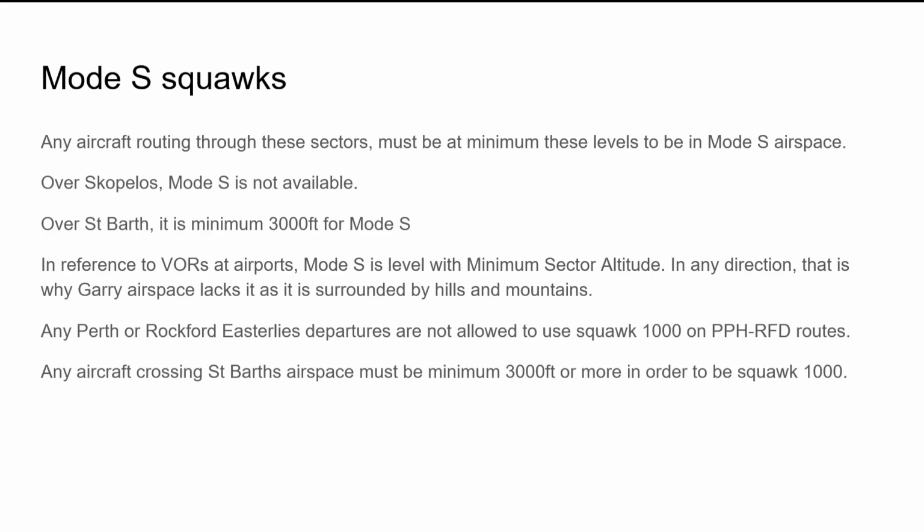So runway 07 and runway 11 departures should not have Squawk 1000 if they're out of Perth on runway 11 or out of Rockford on runway 07. Any of the 07s. And of course, some first place minimum 3000 be Squawk 1000.